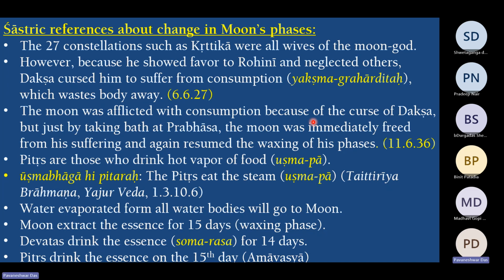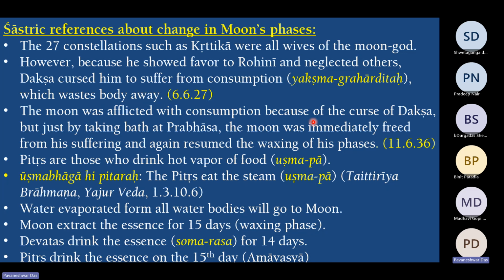Every day the moon is extracting more and more essence from the evaporated water, and that is stored as somarasa and gradually increases. Based on the amount of somarasa the moon has collected on its surface, that much of the moon is visible to us in bright white color, because somarasa is white like milk. So this is another pastime which talks about the moon gradually increasing for 15 days.